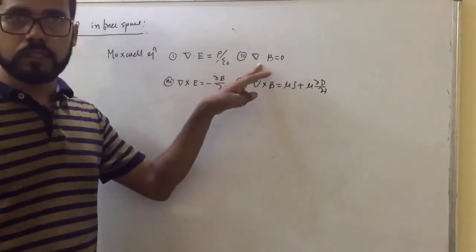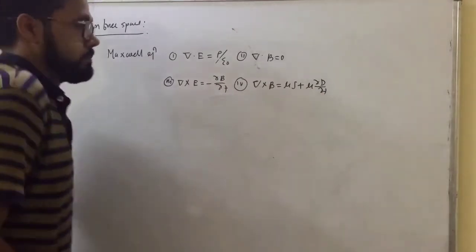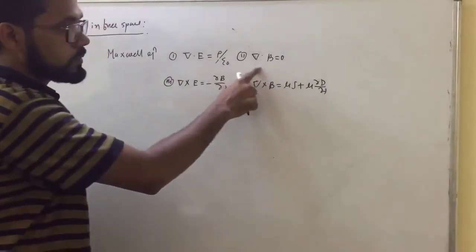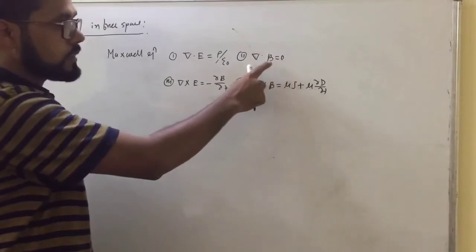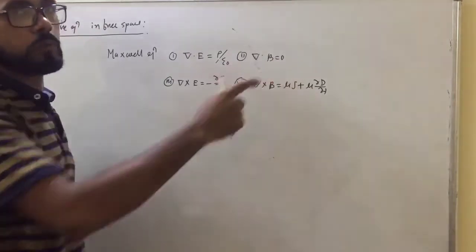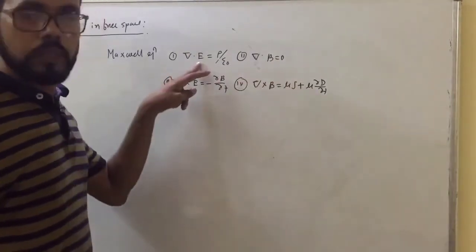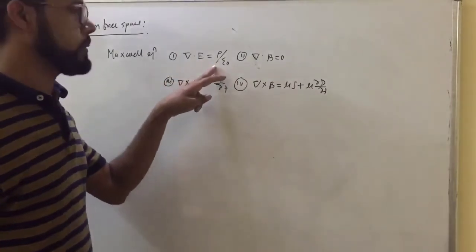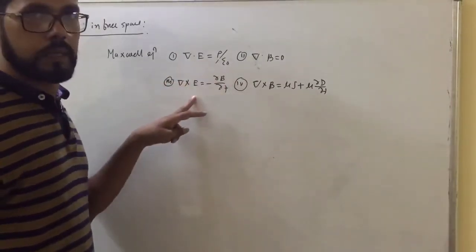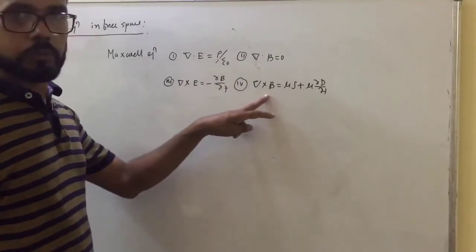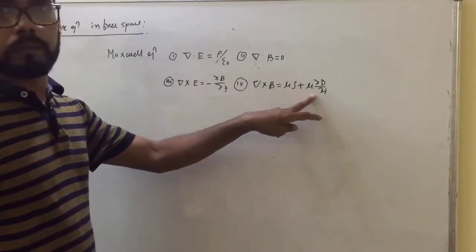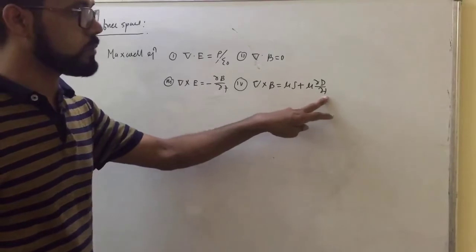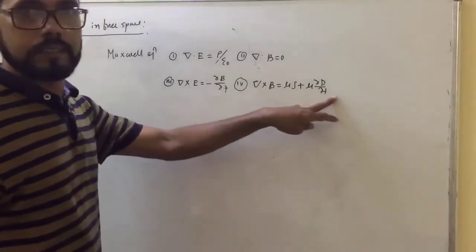It is a first order differential equation, and it is homogeneous, there is no source term. The meaning of this equation is that a magnetic monopole does not exist, but an electric monopole exists because the right hand side is non-zero. The third equation is derived from Faraday's law, and the fourth is Ampere's modified theorem, and this is the displacement vector term, known as the displacement current density.